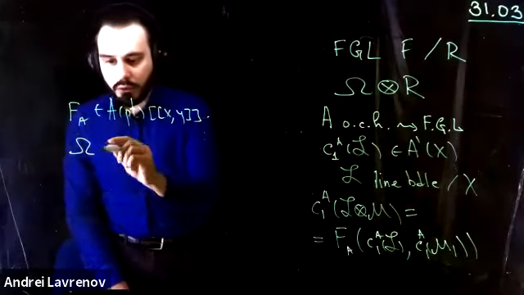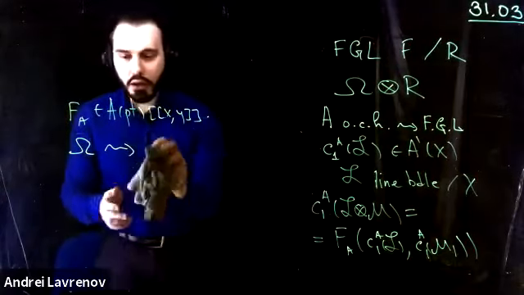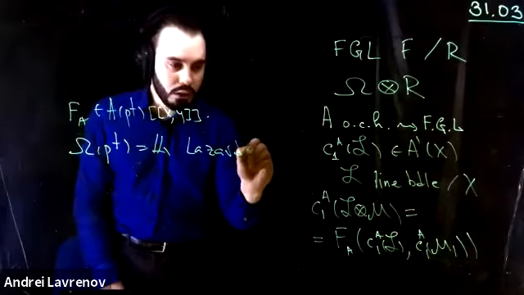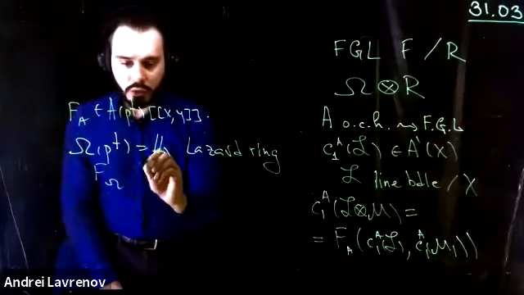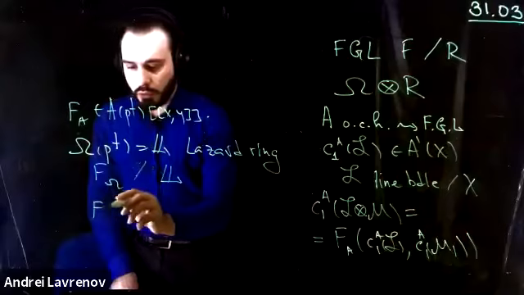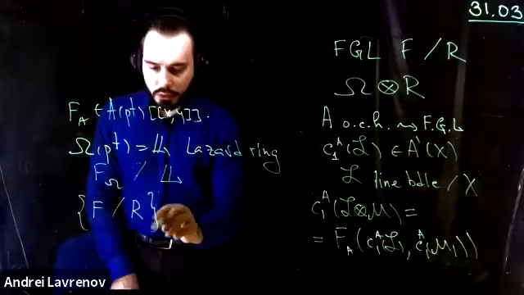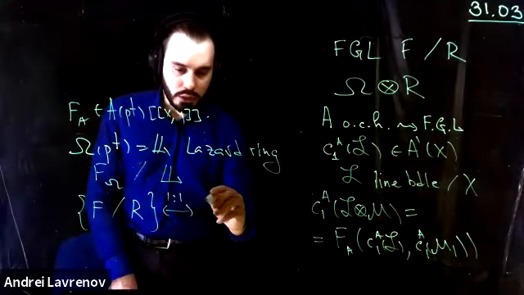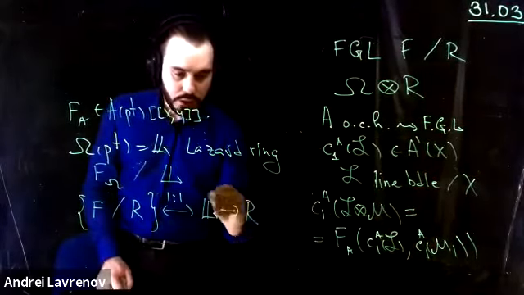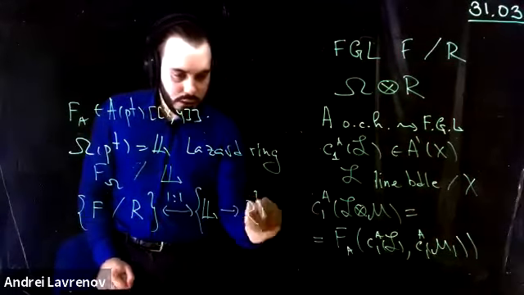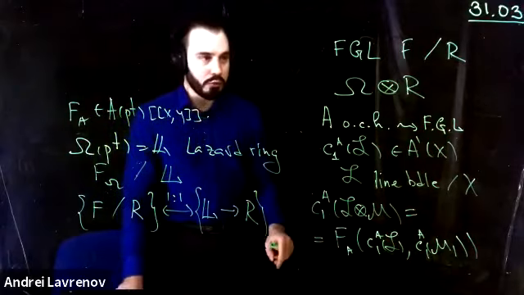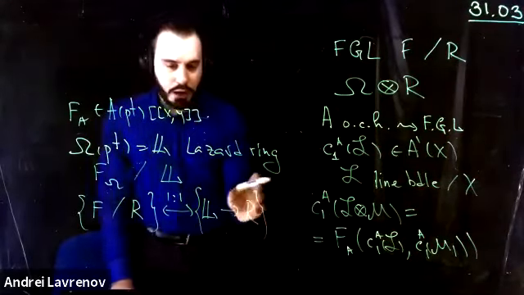For omega, we have the universal formal group law, which means that omega of a point is the Lazard ring L, and F_omega is a formal group law over L. This ring has the property that formal group laws over a ring R are in one-to-one correspondence with maps from L to R, meaning that under this map the universal formal group law goes to some other formal group law, and we can get any formal group law in this way.